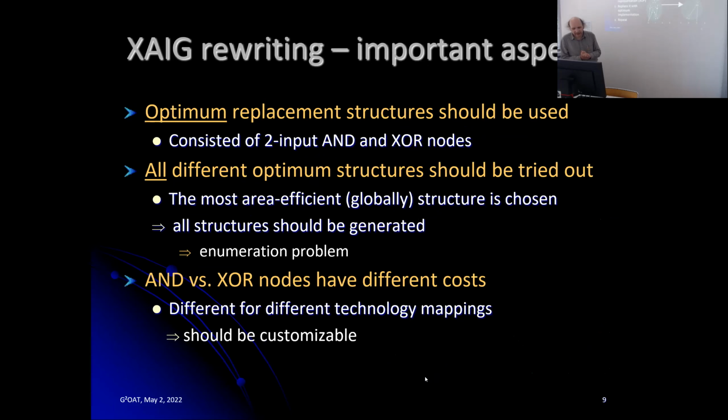We should use optimum replacement circuits, of course. And again, the question is, what is optimum? The practice has shown that having only one optimum structure is not enough. You can easily imagine that for a given function, there could be several optimum implementations.